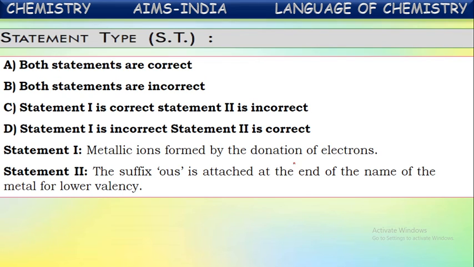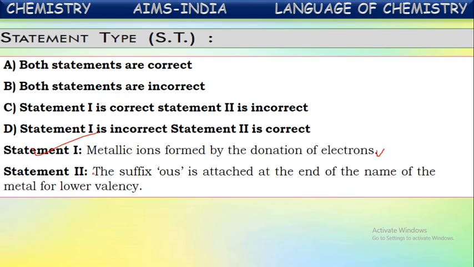Metallic ions are formed by the donation of electrons. Yes, generally metals lose electrons and form positive ions. So metallic ions are formed by the donation of electrons. This statement is true. Second statement. The suffix "us" is attached at the end of the name of the metal for lower valency.